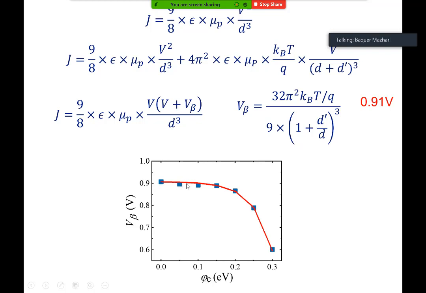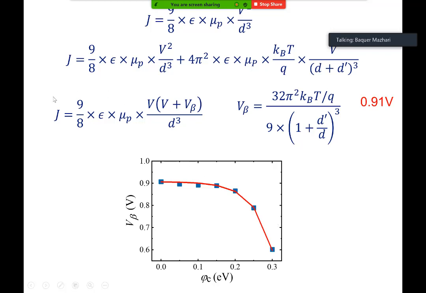It starts from 0.9 here, but as the cathode barrier height increases, the value of V beta drops. And so in an experimental device where I'm not really sure whether the barrier heights on both sides are the same or not, I do not really know what the value of V beta is. It could be 0.9, but it could be 0.7, it could be 0.6 also, depending on the nature of the contacts on the two sides.